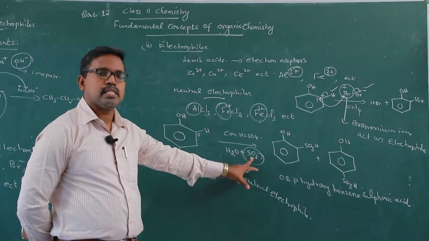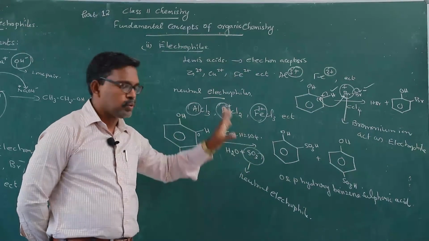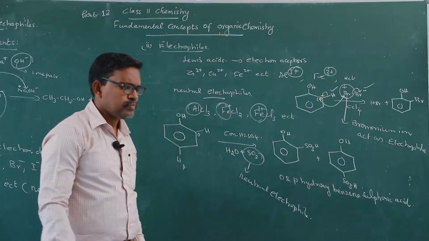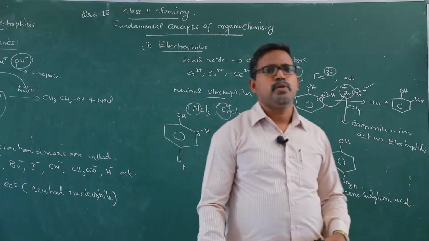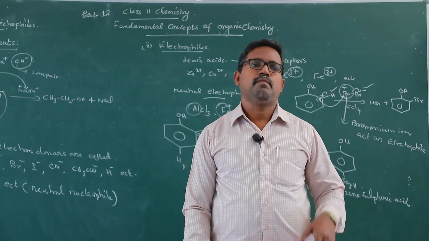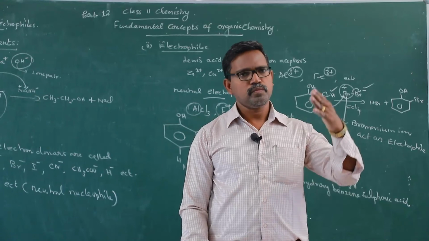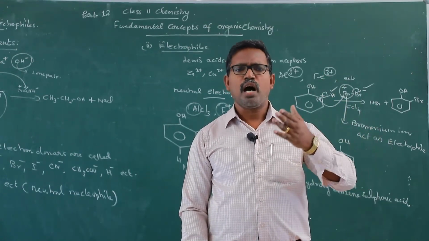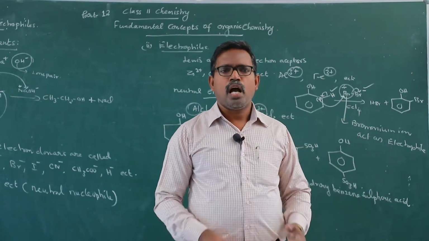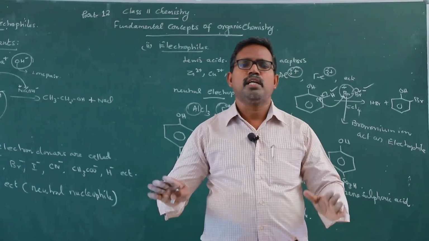From sulfuric acid, it provides sulfur trioxide, which acts as a neutral electrophile. In the examination, a group of reagents is given. You can identify whether it is a neutral nucleophile or charged nucleophile, neutral electrophile or charged electrophile, and what the major differences are between an electrophile and a nucleophile.